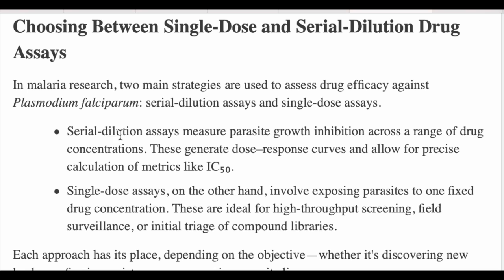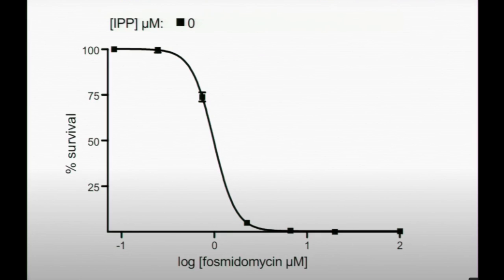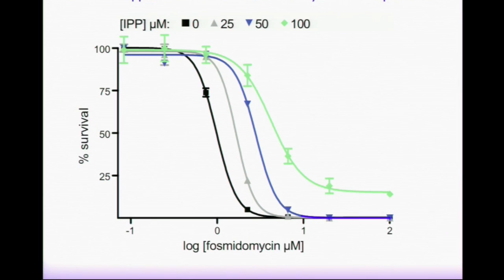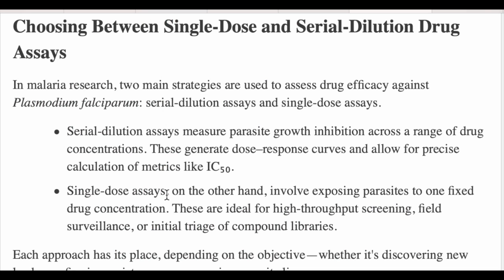In serial dilution assays, you measure parasite growth inhibition across a range of drug concentrations. These generate dose response curves and allow for precise calculation of metrics like IC₅₀, or inhibitory concentration 50. Single-dose assays, on the other hand, involve exposing parasites to one fixed drug concentration.